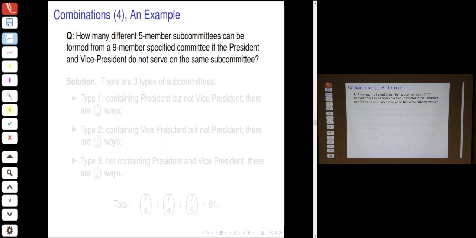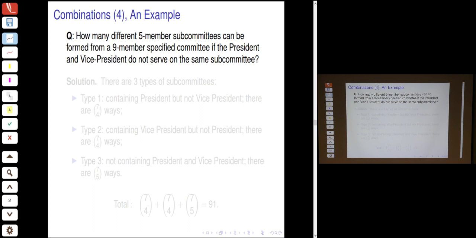So this is the committee. It's a slightly more complicated version than choosing a committee. Okay. So how many different 5-member subcommittees can be formed from a 9-member specified committee, if the president and vice president do not serve on the same subcommittee?